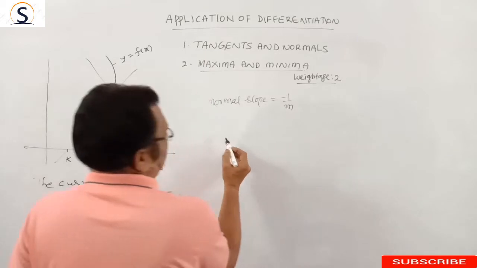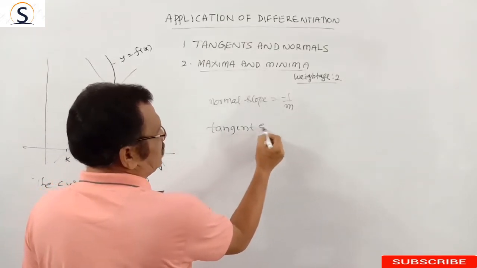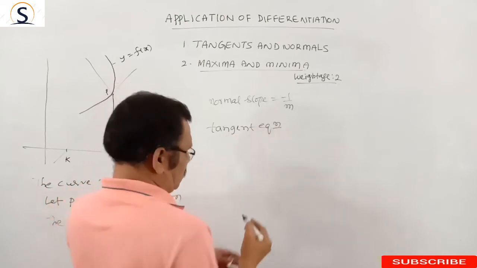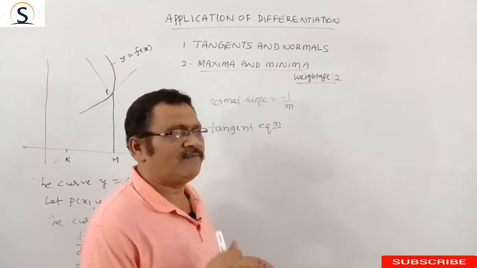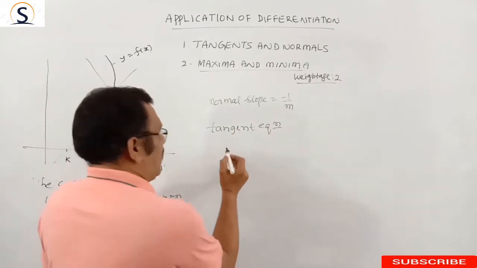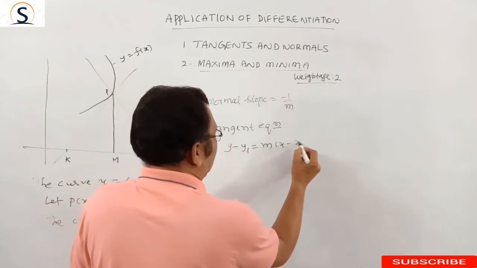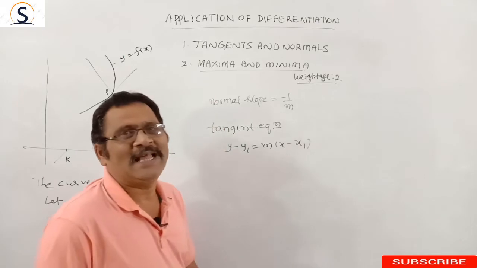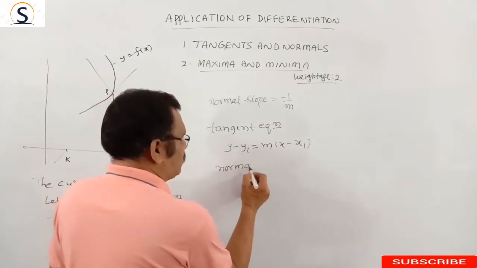Next, tangent equation. Tangent equation means what? This tangent equation is for y is equal to f of x at the point x1, y1. Therefore, y minus y1 is equal to m into x minus x1 is the tangent equation. Next, normal equation.